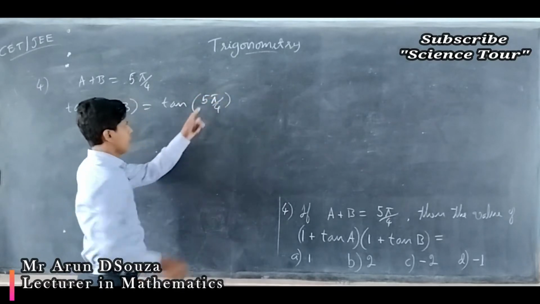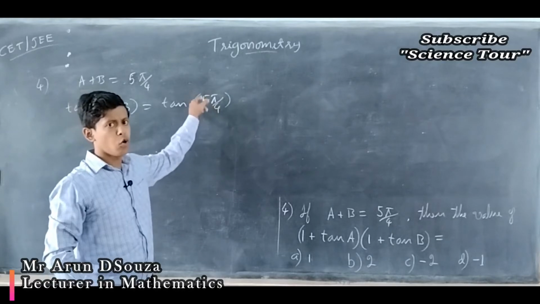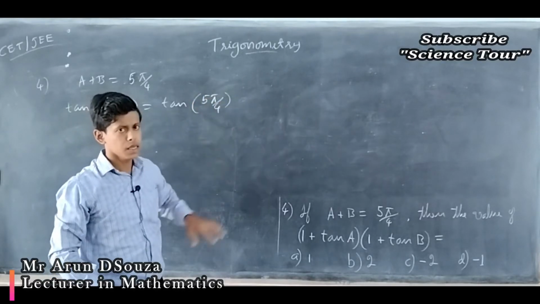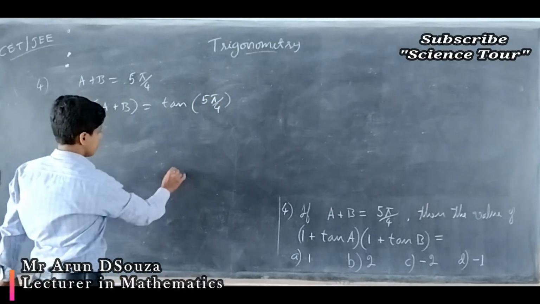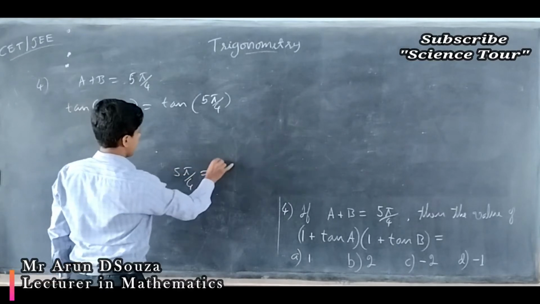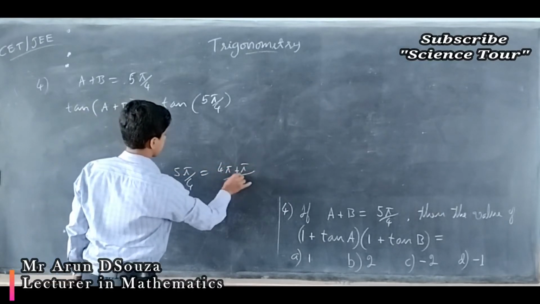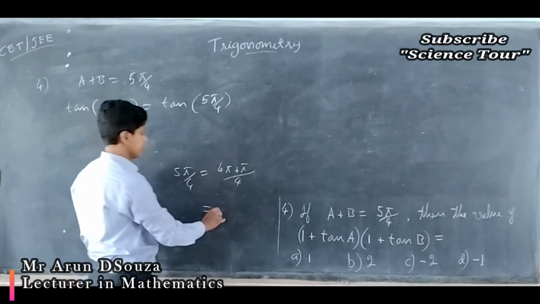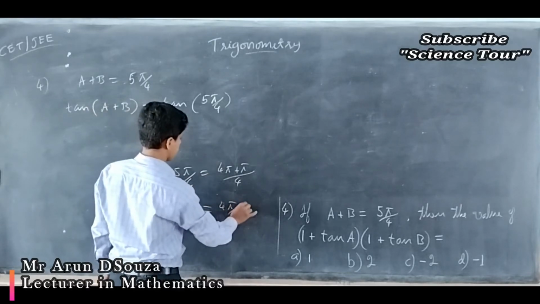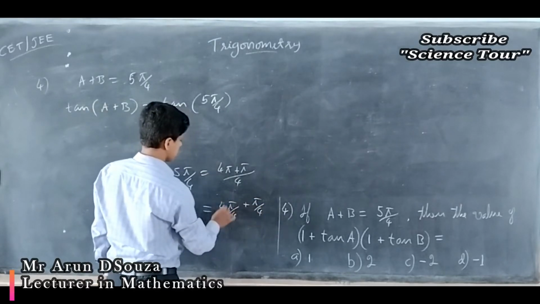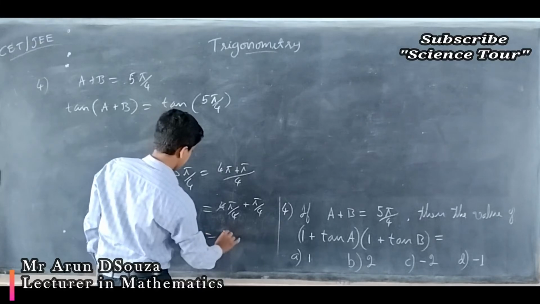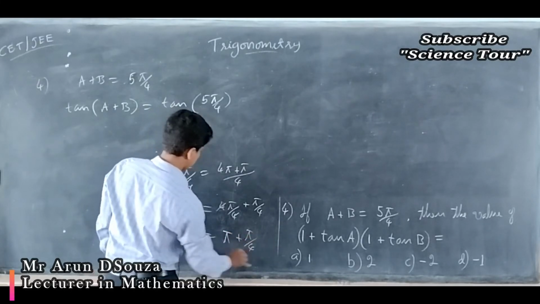Alright, so 5 pi can be written as 4 pi plus pi, right? So if you do that and you separate it, that is 4 pi by 4 plus pi by 4. So here you will get pi plus pi by 4.